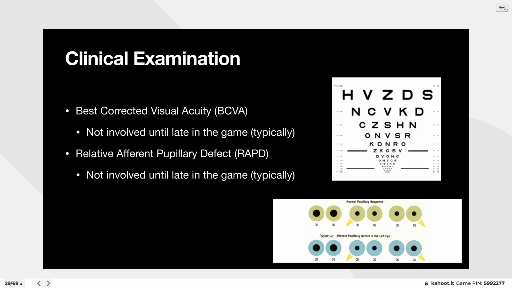If you have very asymmetric glaucoma, you can develop an RAPD, but that's only in very asymmetric disease, and RAPDs are typically not present. So if I have a patient that comes in with very mild glaucoma and an RAPD is present, that certainly makes me think that I'm missing some other optic neuropathy secondary to another pathology.